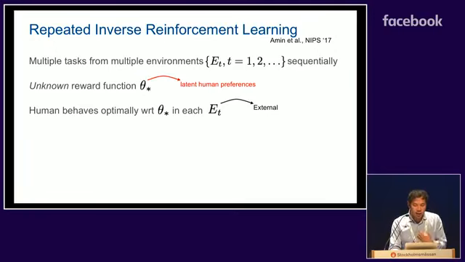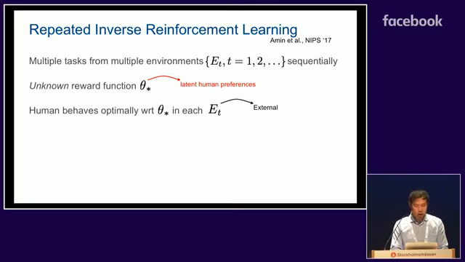But the setting addressed in this paper is a little different: what if we have multiple tasks corresponding to multiple environments which may have different dynamics? The motivation is that these common parameters, theta star, may represent something about the latent human preference in terms of how humans want to communicate to the robot.